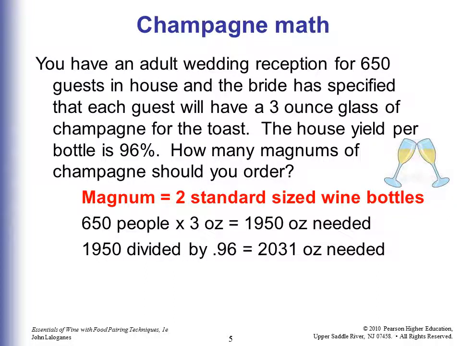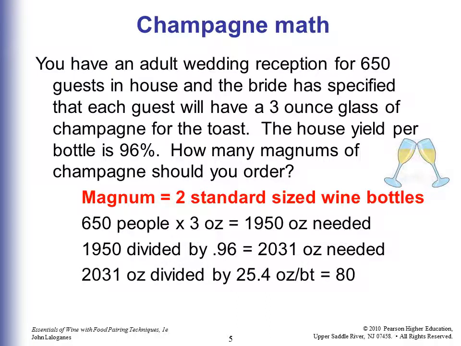So 1,950 drinkable ounces divided by 0.96, which is your yield, means that you needed to buy 2,031 ounces because the 81 ounces is going to disappear somehow through spillage or a little bit left in bottoms of bottles, whatever. 2,031 ounces divided by 25.4 ounces in a bottle means you need 80 bottles. And 80 standard bottles divided by 2 equals 40 magnums.